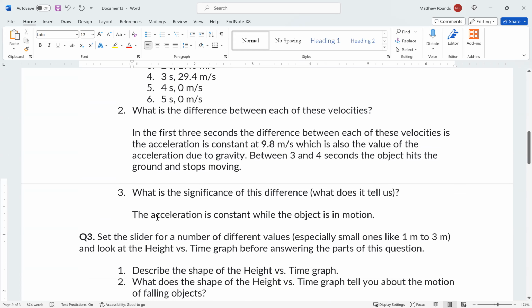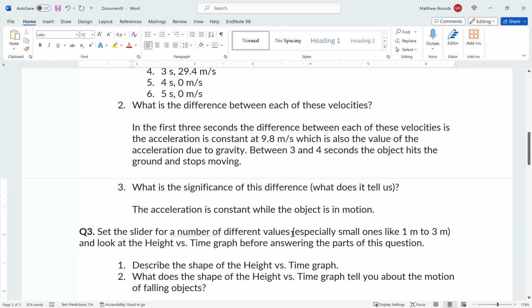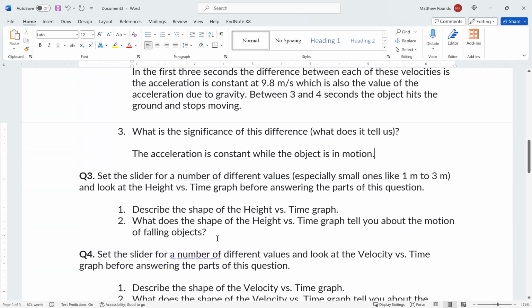Okay. Set the slider for a number of different values, especially small ones like 1 meter to 3 meters, and look at the height versus time graph before answering the parts of this question. Describe the shape of the height versus time graph. What does the shape of the height versus time graph tell you about the motion of the falling object?